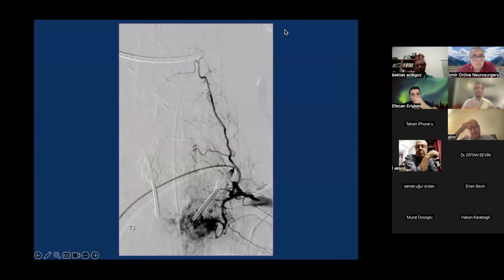So we open the field of view. And what is this vessel? This is the subclavian artery. So here you have a retrograde filling when you inject contrast material through the vertebral body, through the hemangioma. You have a reflux in the arteries, the branches from the supreme intercostal artery, which is connected to the costocervical trunk.